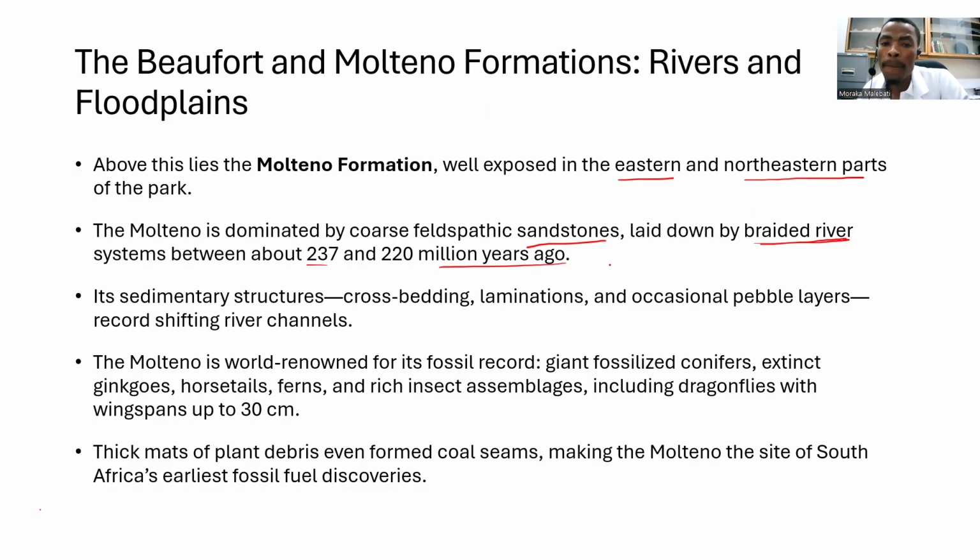We are not surprised why we see the braided rivers. If you once watched that video of ours where we define the paleoenvironment of the Karoo Supergroup, we know that during the Beaufort time, especially towards the end of the Beaufort times, that was when the vegetation that was lost during the Permian mass extinction was now almost 90% recovered.